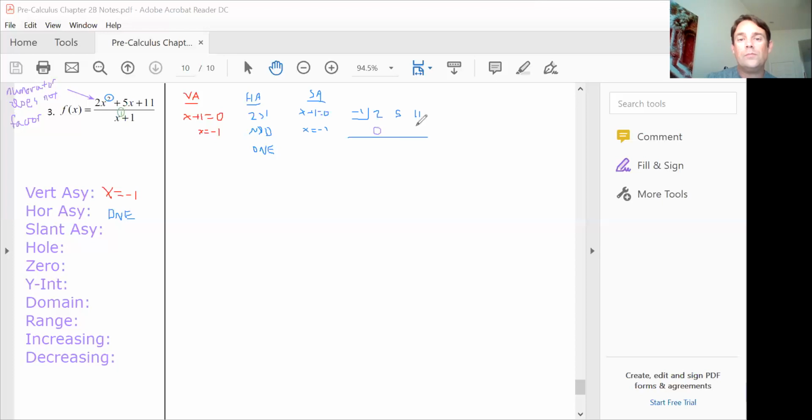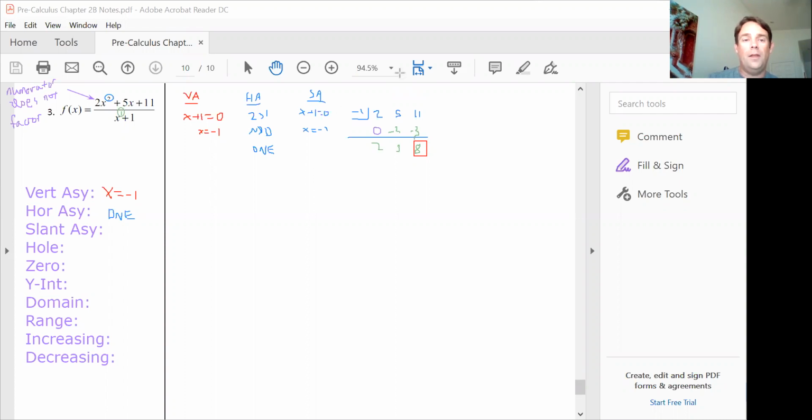Here we go. Add going down, multiply by the box going up. 3, -3, 8. And like we said before, because there's a remainder, that means it didn't go in evenly, which means there is a slant asymptote. Okay?